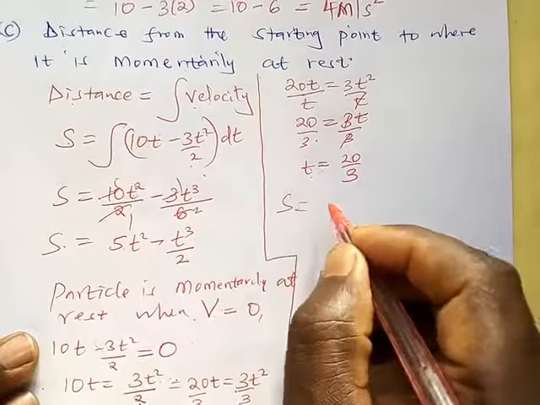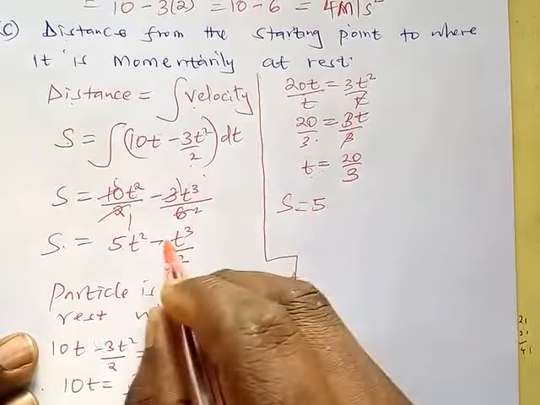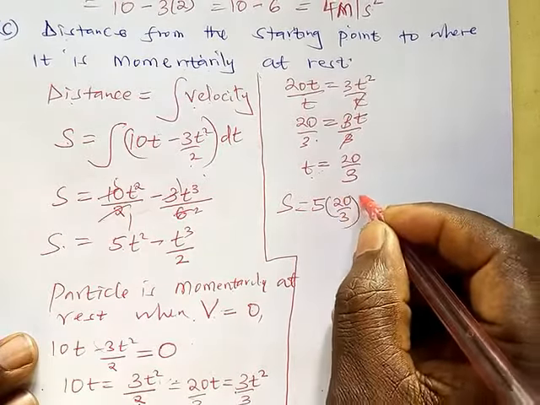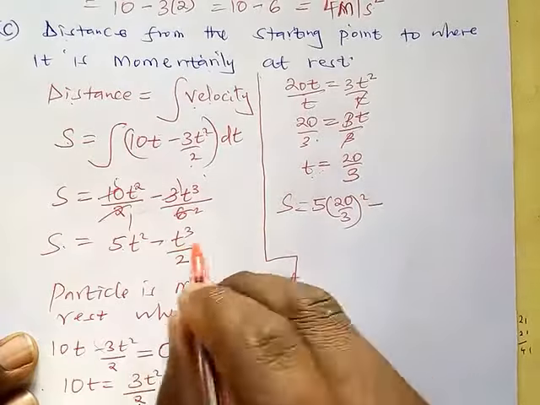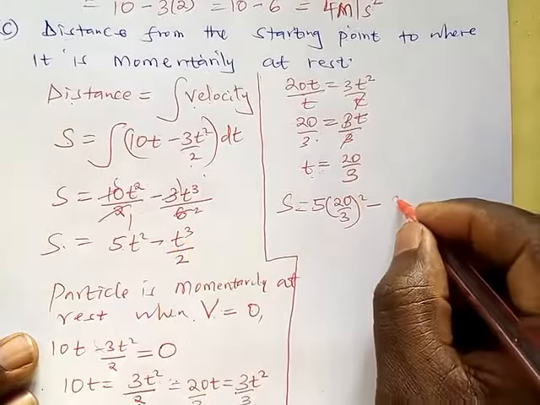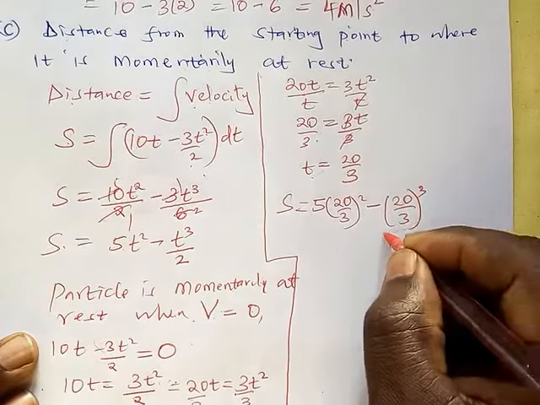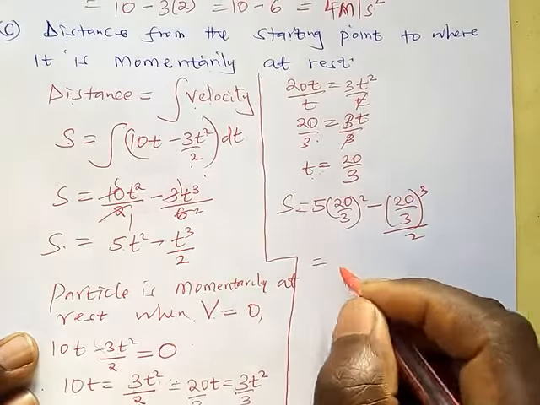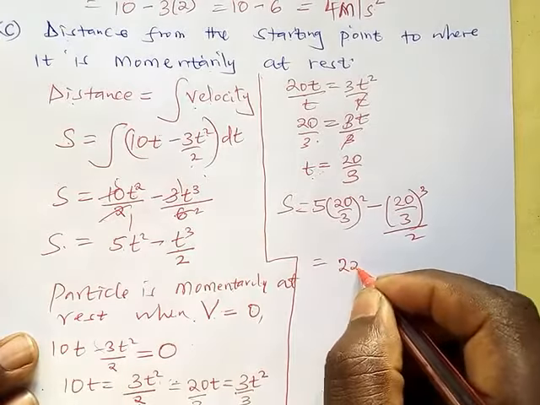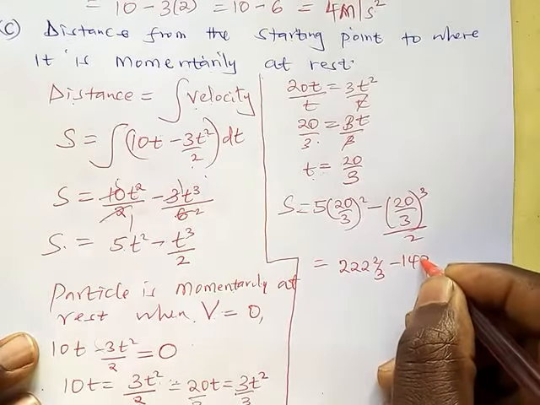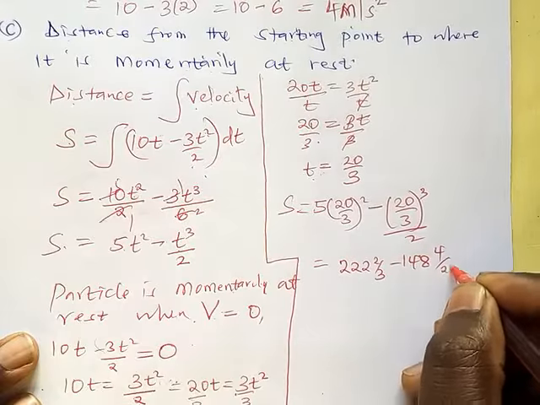So s equal to 5. Instead of t square, now we are going to put 20 over 3 raised to power 2 minus. Instead of t cube, we are going to have 20 over 3 raised to power 3 divided by 2. This one will give us 222.2 minus 148.4 over 27.